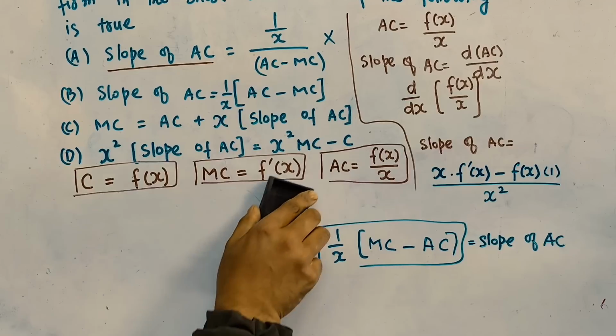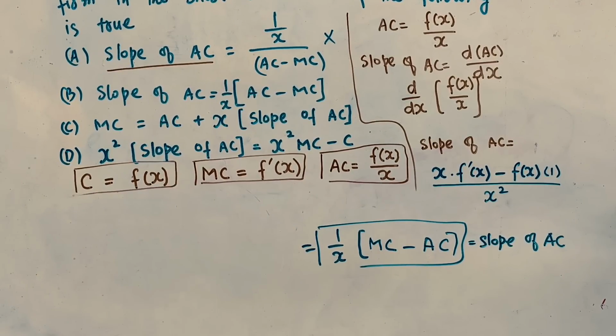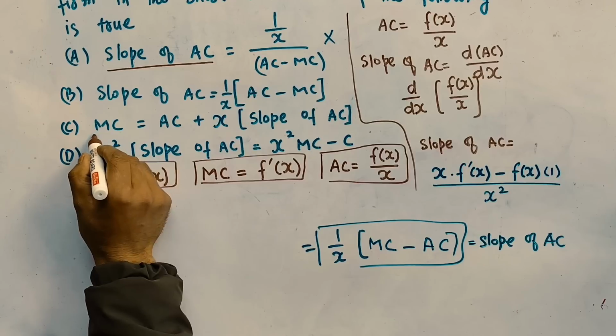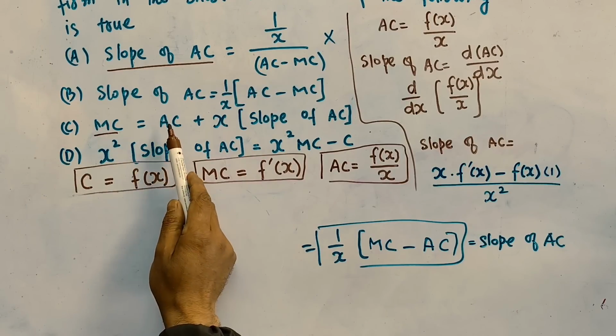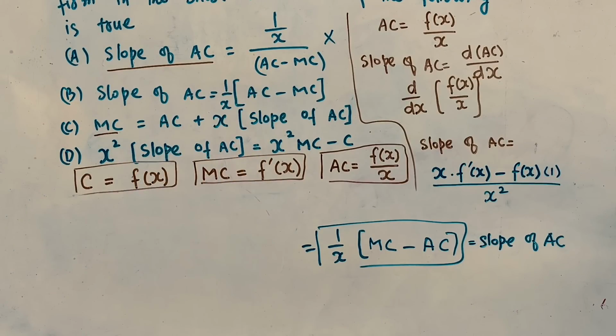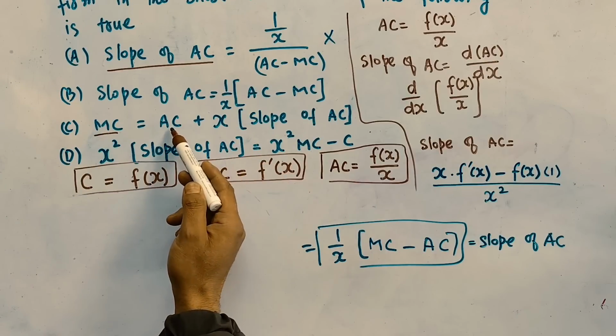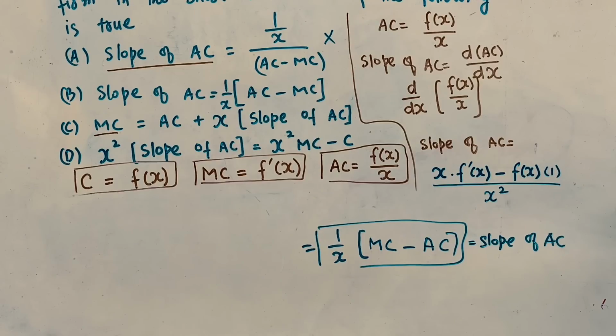Let me check the other options now. We are being told that marginal cost is equal to average cost plus x times the slope of average cost. So let us take this RHS and see whether we get marginal cost here.